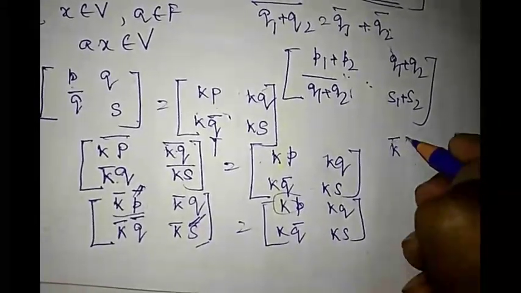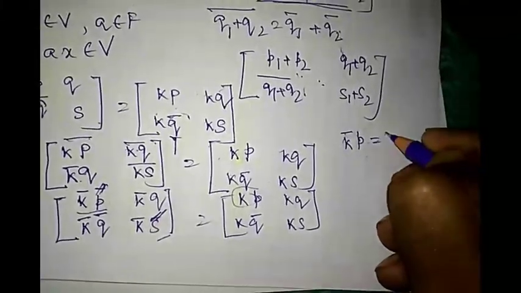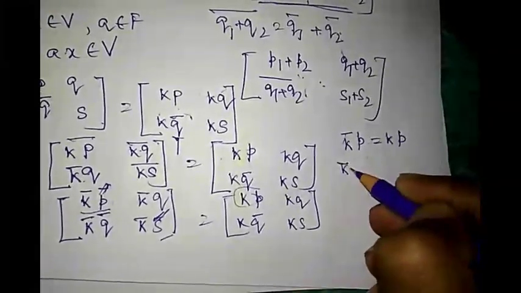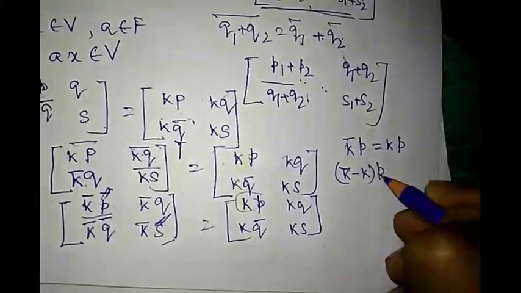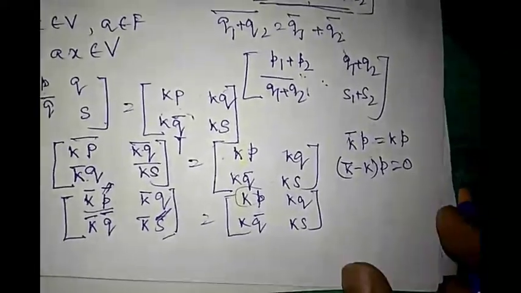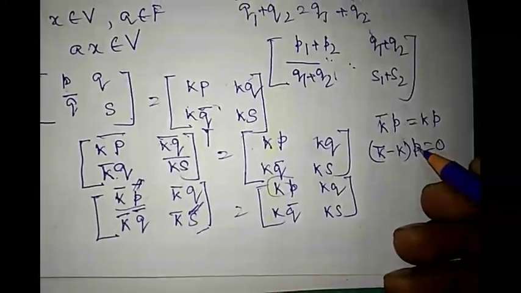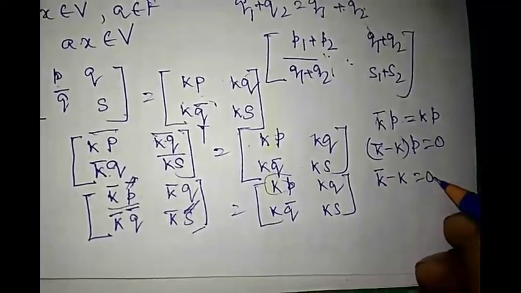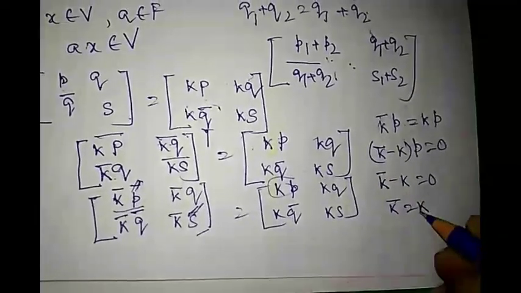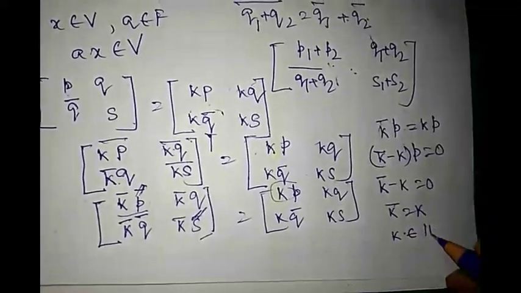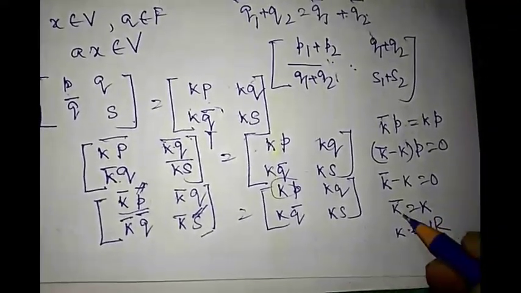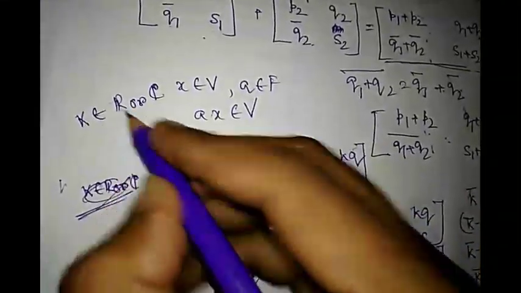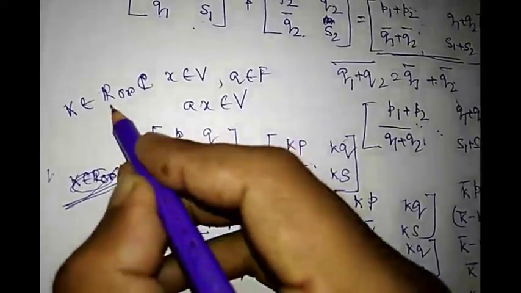So it will be K bar P equal to KP, which we can write as (K bar minus K)P equals 0. We assumed that P is non-zero, so K bar minus K equals 0. So K bar equals K, which means K belongs to R, because K is a real number. So the scalar here comes from the real numbers.